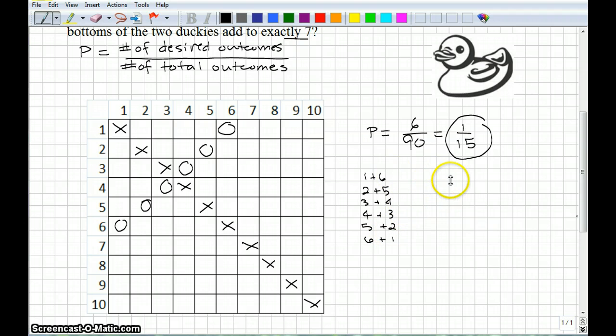For the total possible ways, you could use a permutation: I have 10 choices for the first duck, and if I don't replace it, I only have 9 choices for the second duck, which is 90. Then you get 6 over 90 again for your probability.